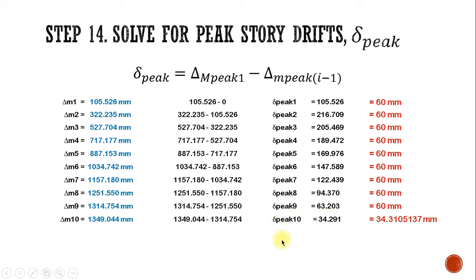So, speaking of the 10th floor, since ang ating peak story drifts ay less than 60 mm, so i-consider natin na 34.3105137 ang ating maximum peak story drift or the peak story drifts for the 10th floor. So this is the result of our calculation in solving peak story drifts or the delta peak.